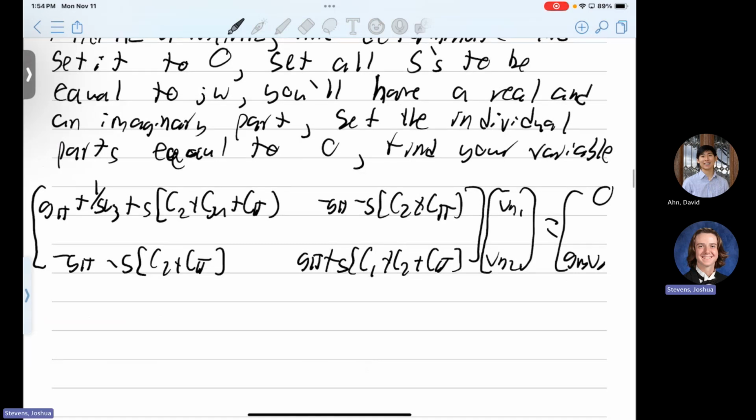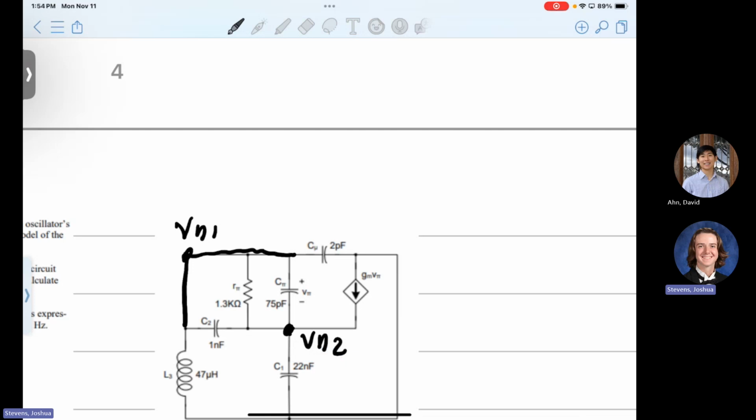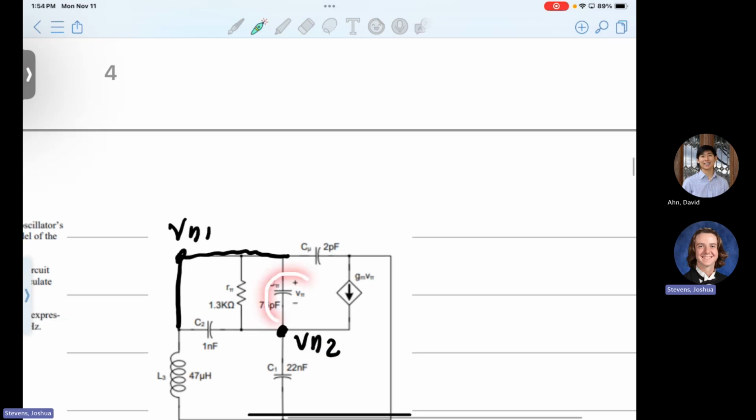GM times V pi, where V pi is the voltage across the capacitor, and that orientation is what? Nodal voltages for V pi would be what? Do we agree? Yeah. I agree with him.